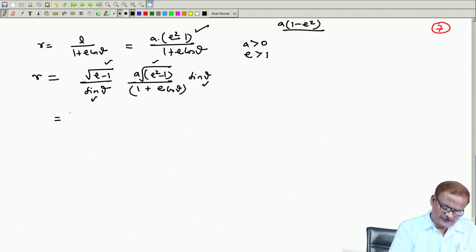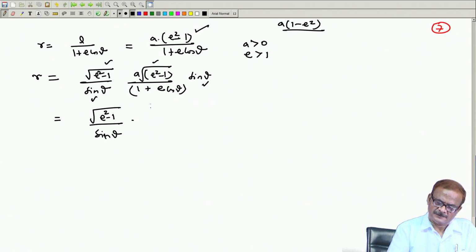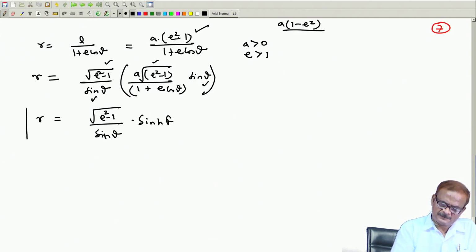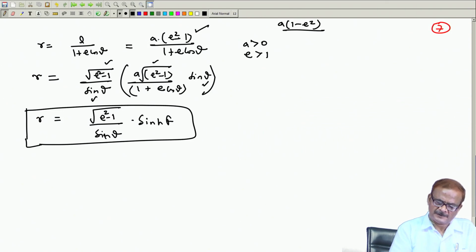Okay. If we write it in this way, this can be expressed as square root of e square minus 1 sin theta, and this part, if you remember, is nothing but sinh F as derived in the lecture, as derived earlier.